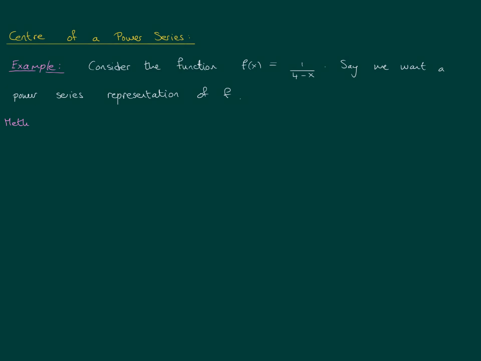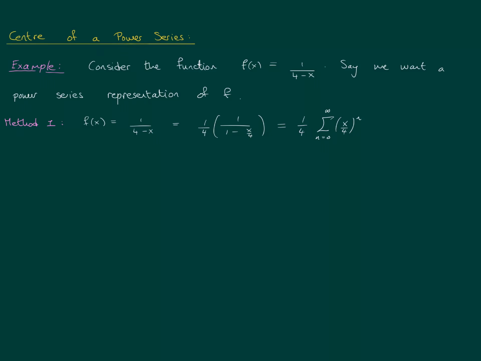Let's see now that we can actually approach this multiple ways. So here's method 1. This is going to be generally in line with what we've been doing so far. So we have f of x as 1 over 4 minus x. Now we usually want 1 over 1 minus something, so we take out the 4, and we've got 1 over 4 times 1 over 1 minus x over 4. So we write that as 1 over 4 times the sum from n equals 0 to infinity of x over 4 to the n.